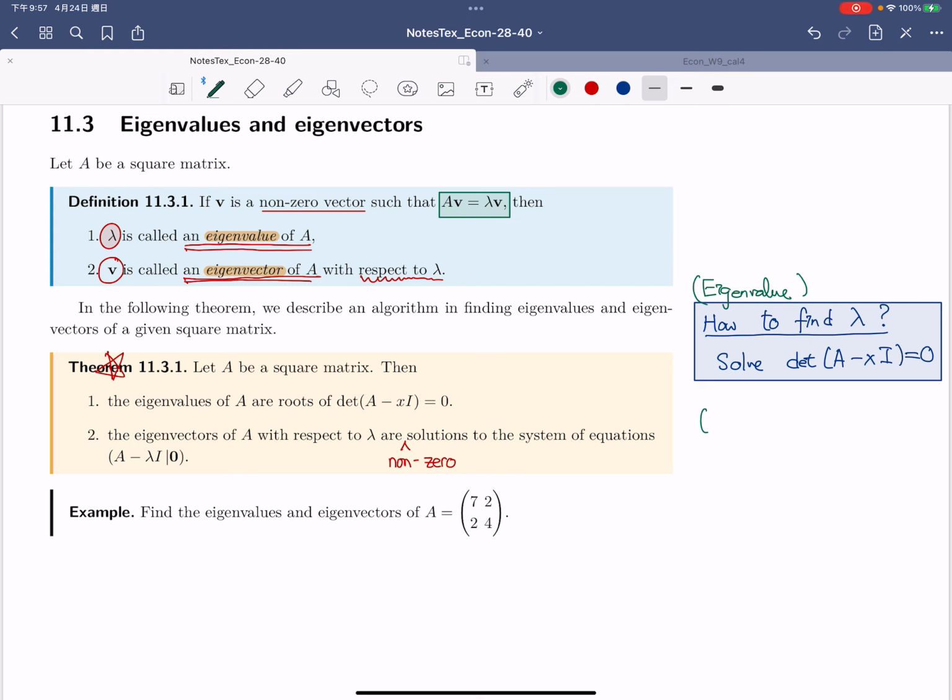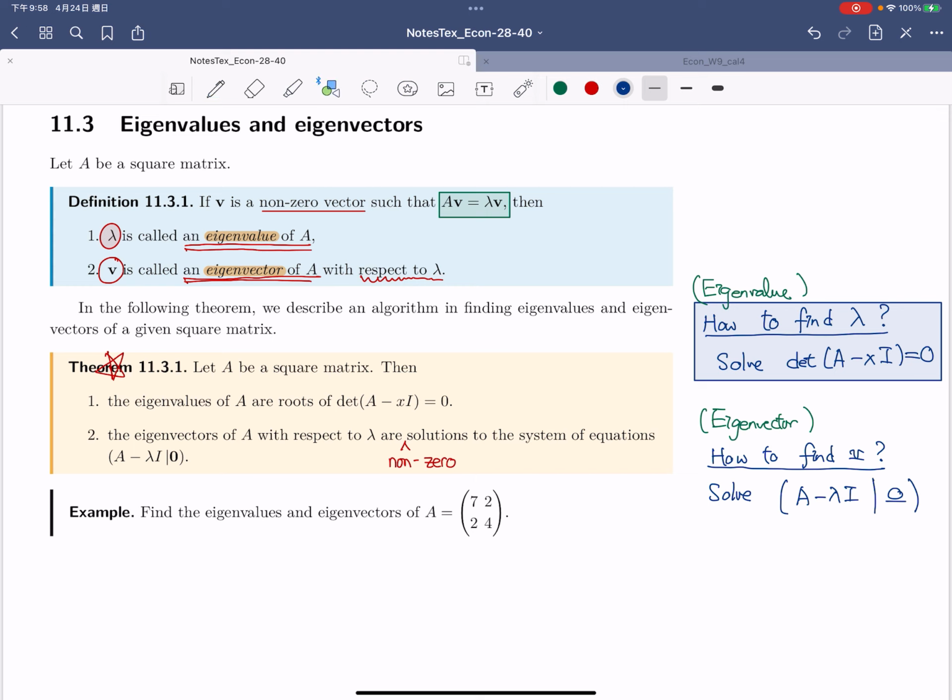How about eigenvector? For each eigenvalue, how do I find the corresponding phi? So how to find phi? It turns out to do that, we just need to solve a system of equations. What's the system? The equation is A minus lambda I times phi, and then 0 on the right hand side.